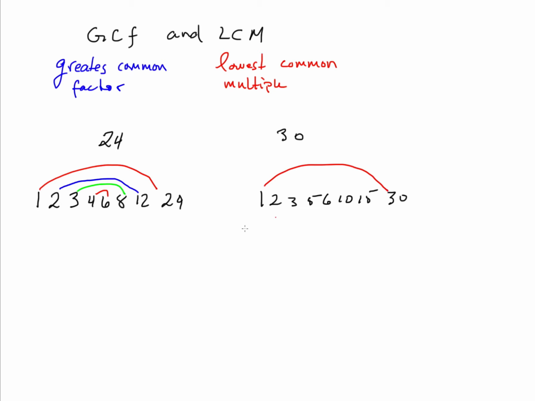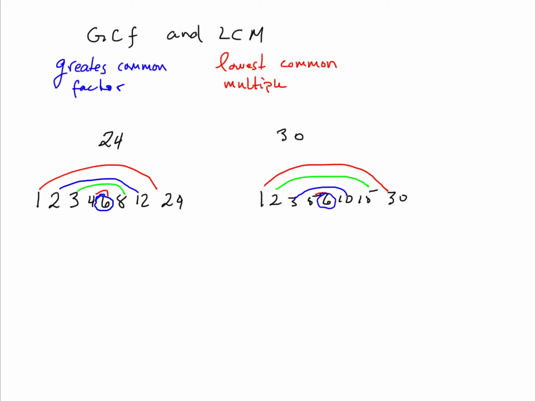So just to add a bit of color, I'm going to trace in these curved lines, 2 and 15. And you get the point, 3, 10, and then finally 5 and 6. And we can see from here that the biggest factor that both 24 and 30 share is the 6. This 6 is our greatest common factor.